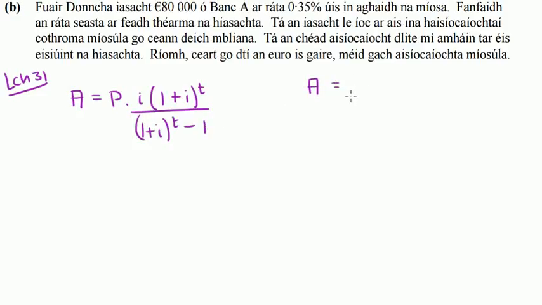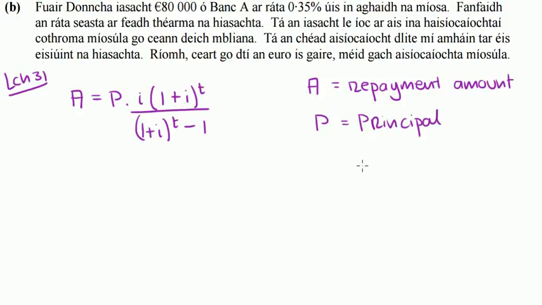So this is when A is the repayment amount and P is the principal amount. In the log tables, it says that it's the annual repayment amount, but if we're using months for time, then it will give us the repayment amount for the month.